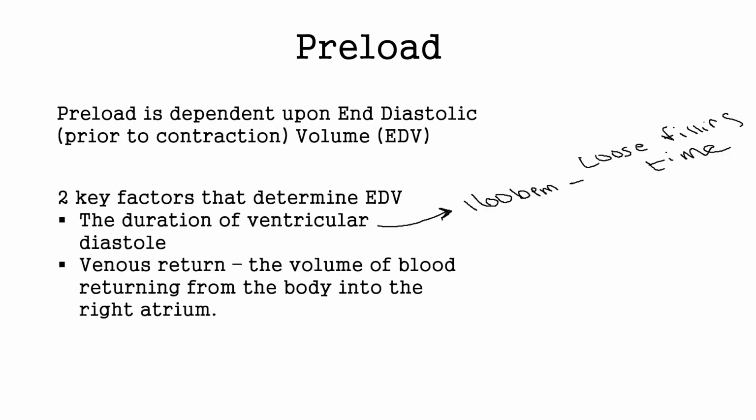And then also, if I'm bleeding out, then I'm losing volume coming back to the right side of the heart. If I'm losing volume, that's less volume to circulate, and it's less volume to collect inside that left ventricle to help it stretch.